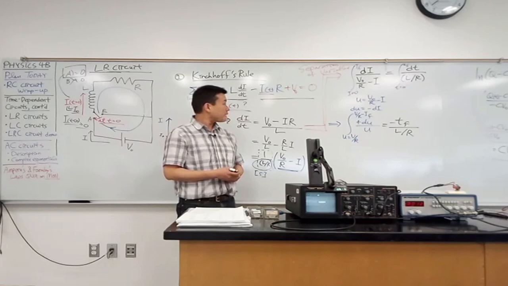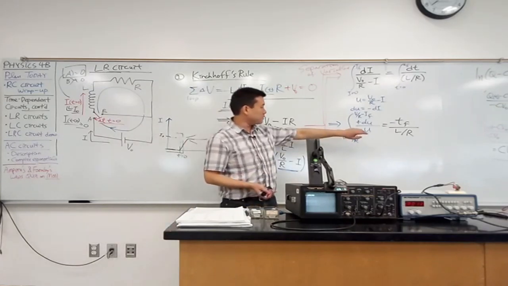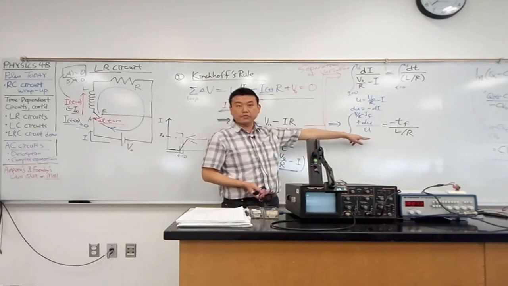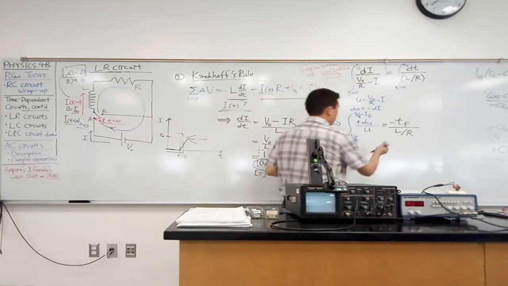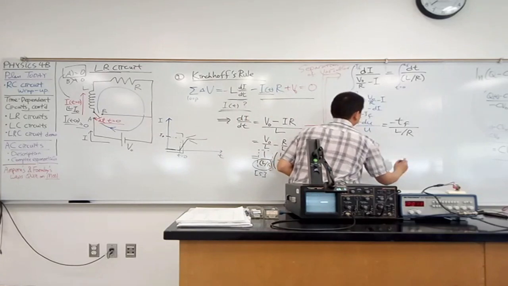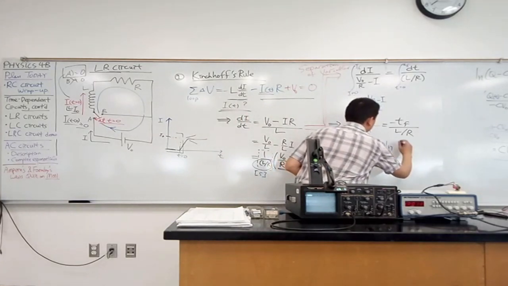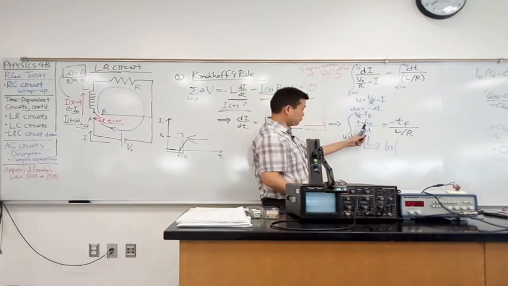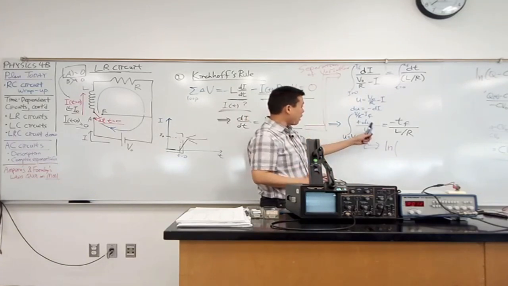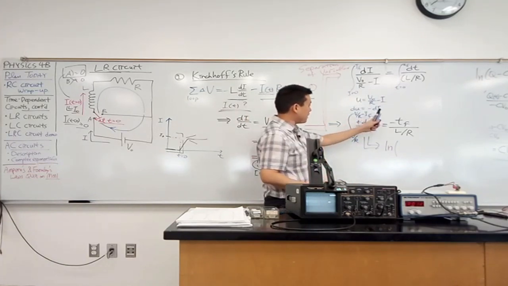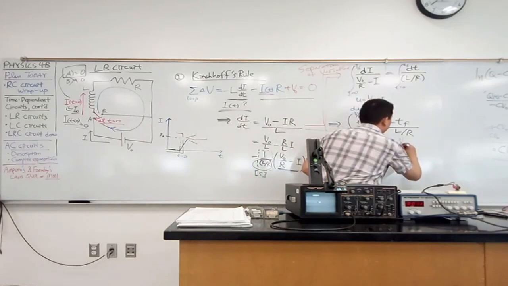Good. Okay, let's wrap this up. So the antiderivative of 1 over u is logarithm. So the whole equation here becomes the natural log of u. I'm just going to plug in the limits at this step also. So upper limit, v over r minus I final, and the lower limit, v over r.